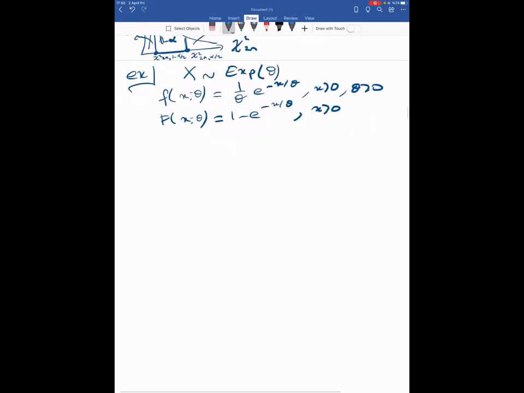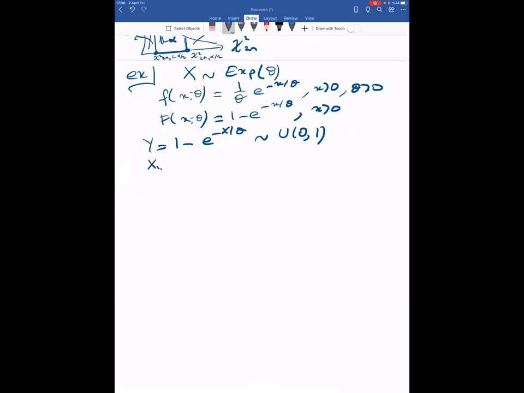Then, when we consider this as a random variable, this has a uniform (0, 1) distribution. Then, when we apply the -2 ln transformation, it will be chi-square with 2 degrees of freedom.